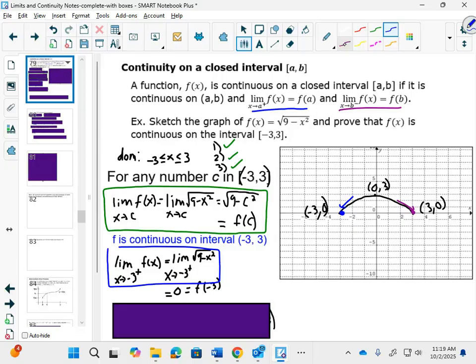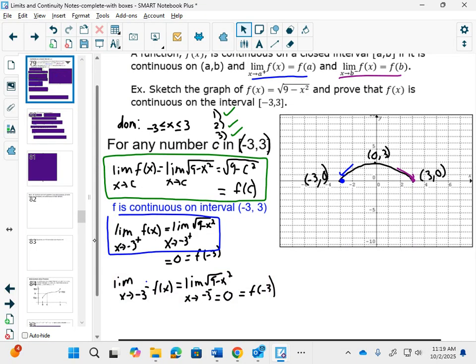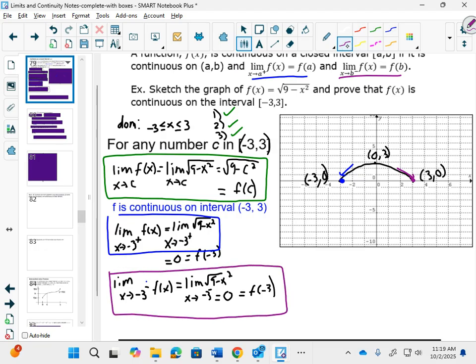And here's my purple arrow. If I go to positive 3 from the left side, I get f of positive 3. And everything works out. That's formally how we prove something is continuous on a closed interval.